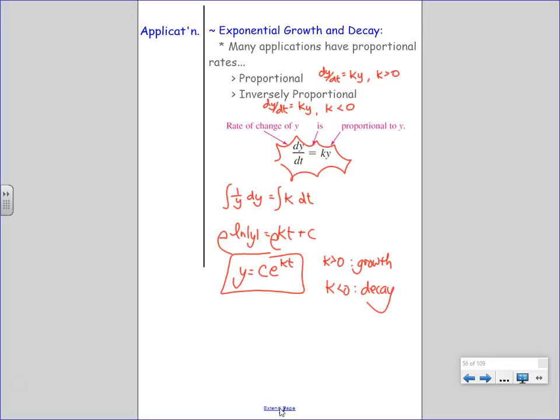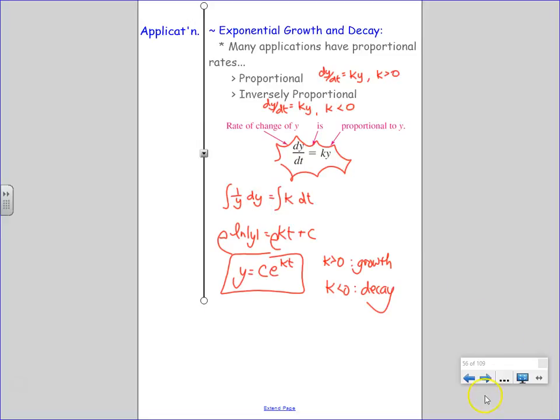Long story short, inversely proportional just means as one grows, the other one decreases. So if you think of it as 1 over, as k grows, the entire number decreases. So maybe that helps a little bit in the sense of decay as time passes. The amount is decreasing, hence the inverse relationship.